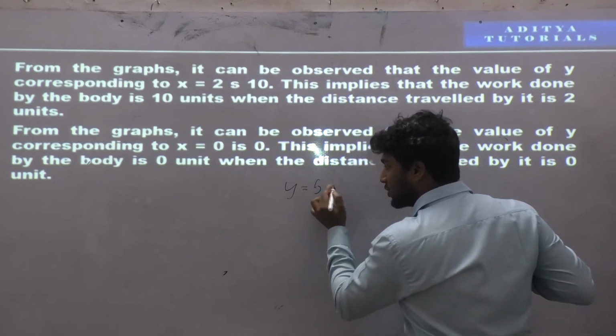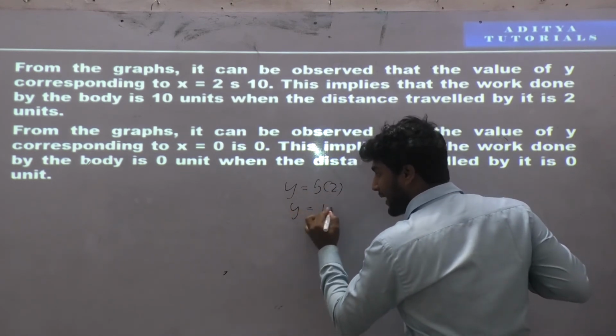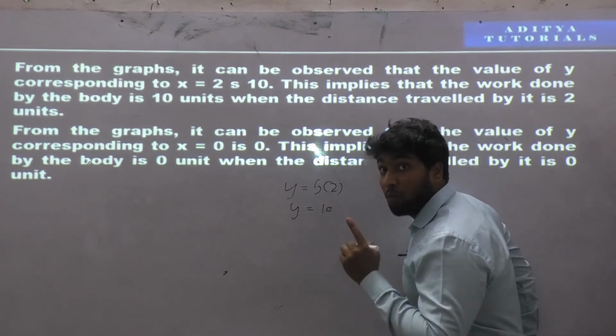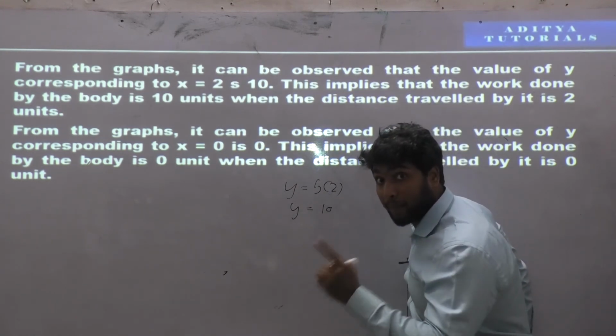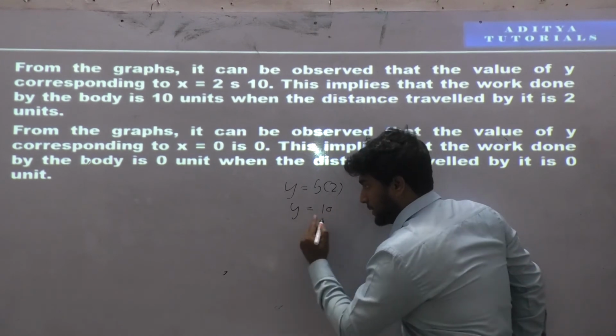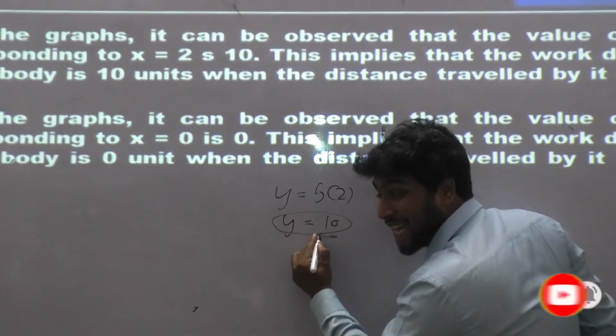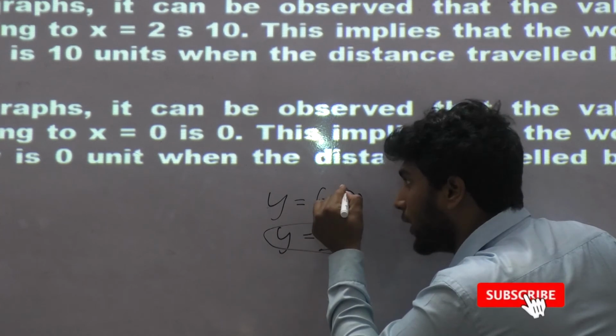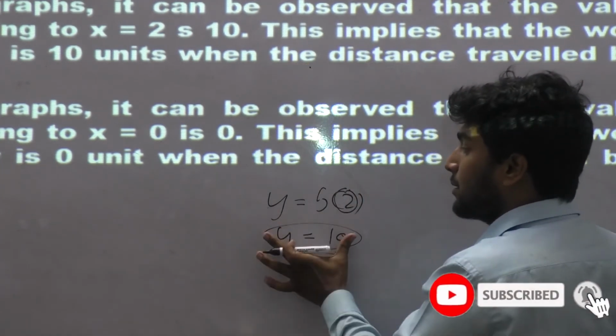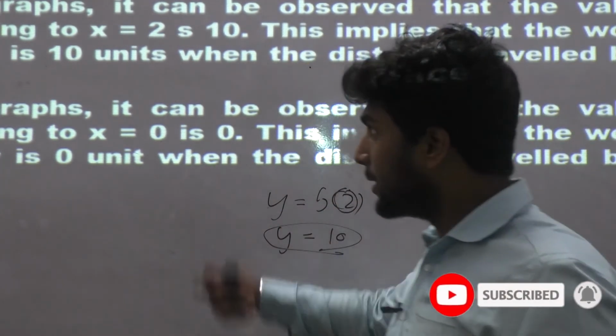When you assume x as 2, you got 10, right? The work done by the body is 10 units when the distance traveled by the body is 2 units. This statement explains this.